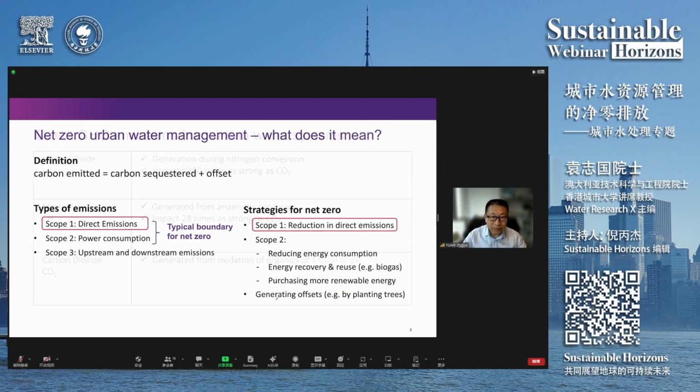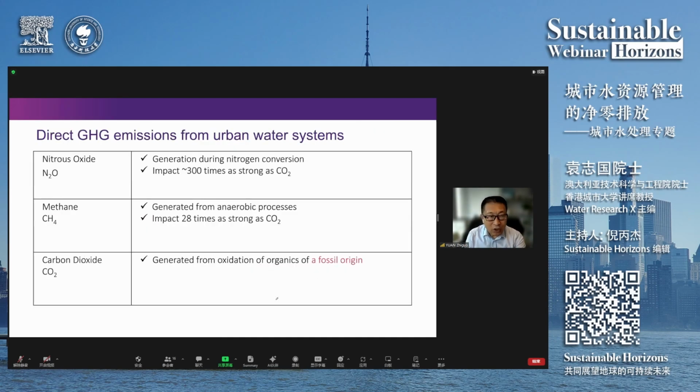Now, talking about Scope 1, direct emissions, we really talk about the three gases that are emitted by a wastewater system or urban water system. Nitrous oxide, N2O, we all know that's a potent greenhouse gas. Methane is also a quite powerful greenhouse gas. The third one is actually CO2. In terms of CO2, there are two different sources. One is biogenic CO2, and that is not considered as your emission.